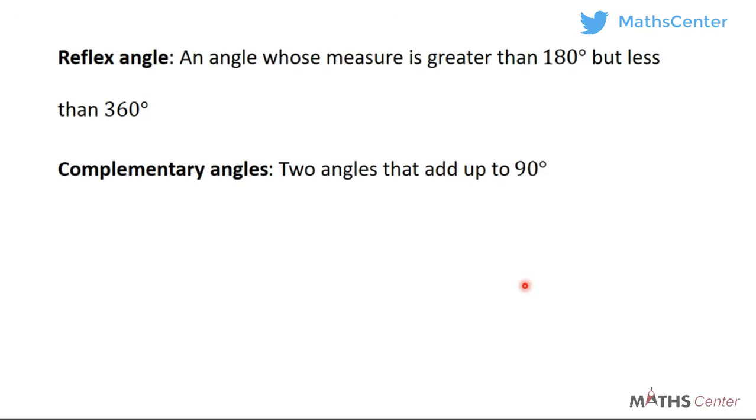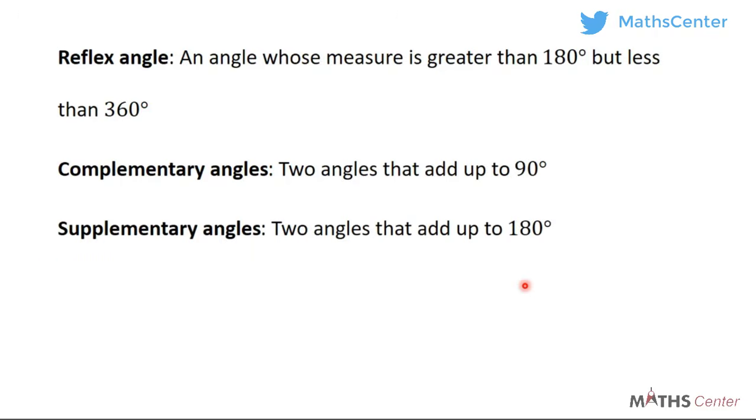Then we have complementary angles, two angles that add up to 90 degrees. So when you have two angles and you add them up and you get 90 degrees, we say that they are complementary angles.